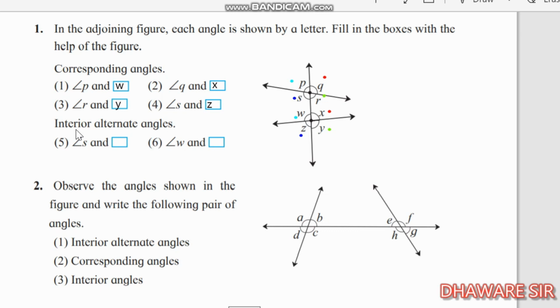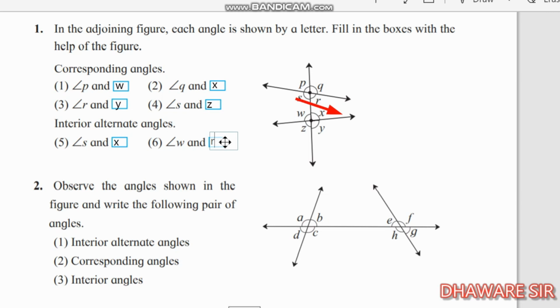Now we are going to see the interior alternate angles. So which are the interior alternate angles? Let us see. They must be both interior and alternate angles. So the first angle is S, which is an alternate angle with X. So we can write here X. This is the X, and the second one is W and R, the second interior alternate angles.